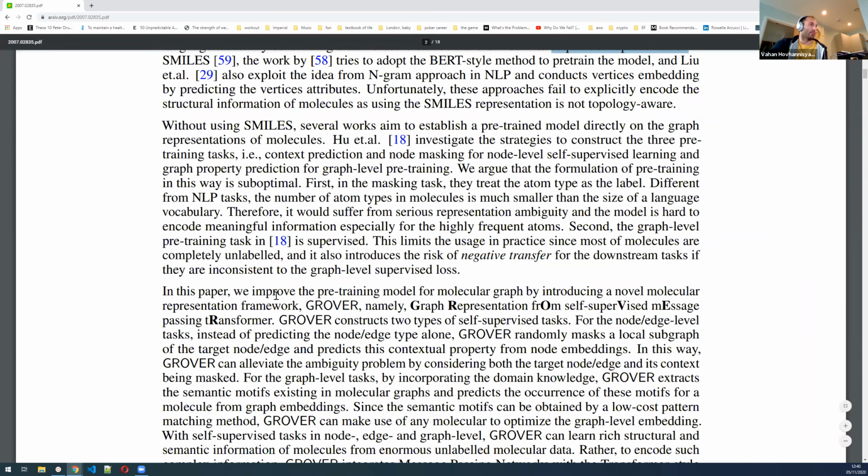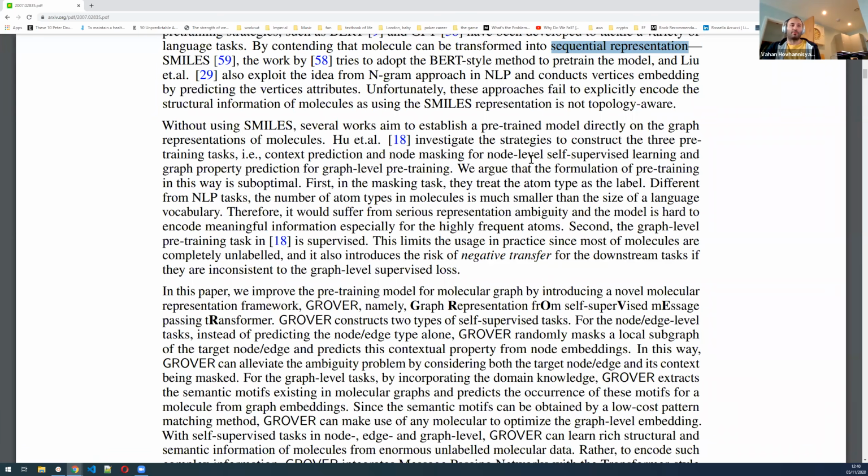The one they cover most in this paper is the 2018 one, Hu et al. This work uses a certain kind of pre-training. The challenge in pre-training is to choose a good enough, representative enough pre-training task, so that after pre-training your model on those objectives, we can meaningfully use it for other problems.